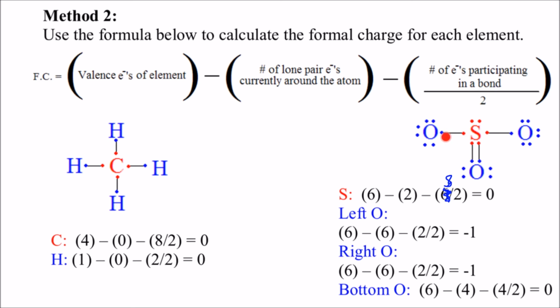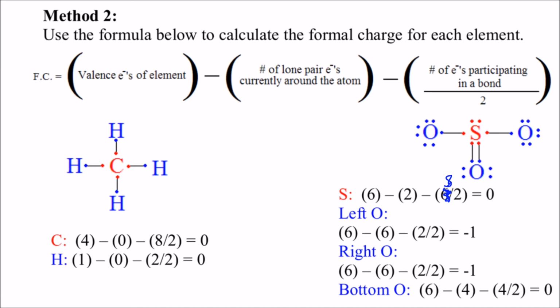So we have 2 electrons participating in a bond, so we put 2 and then we divide that by 2. So 6 minus 6 is 0 minus 2 divided by 2 is 1. So we have -1. So we have a -1 formal charge on that oxygen, just like we predicted with the inspection method. This oxygen looks just like that one, so it's going to have a -1 formal charge.